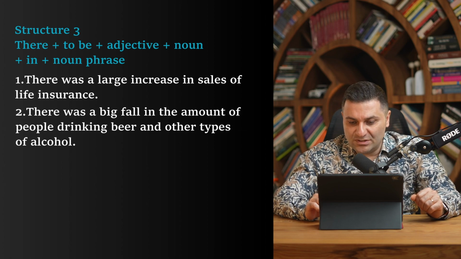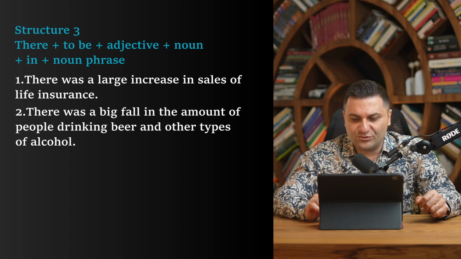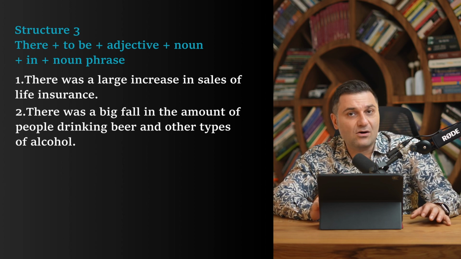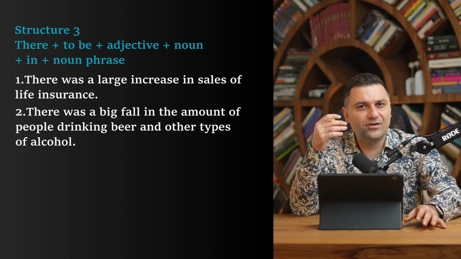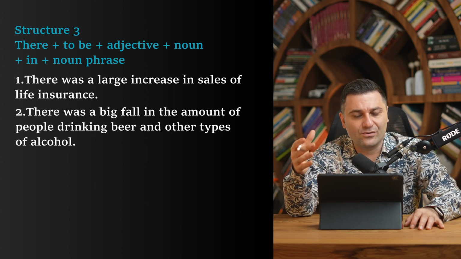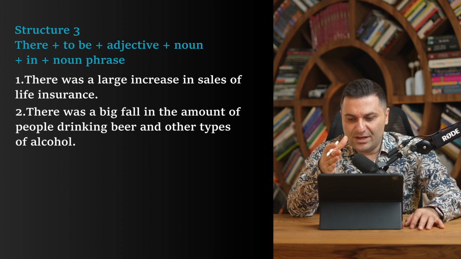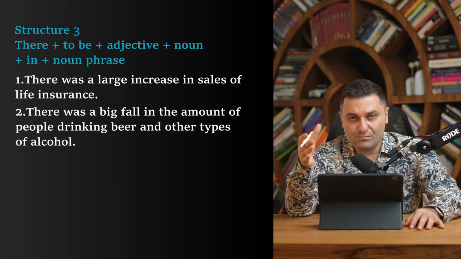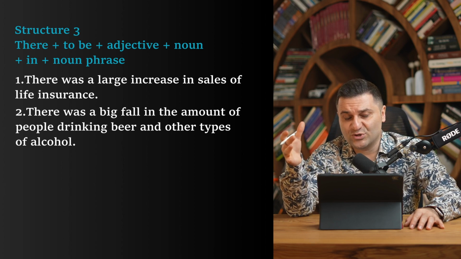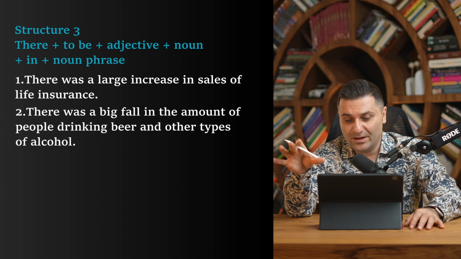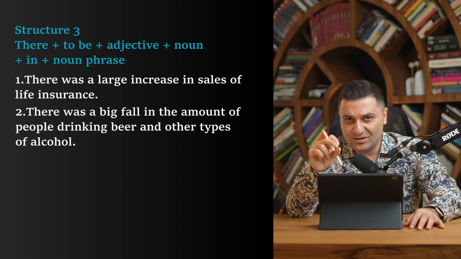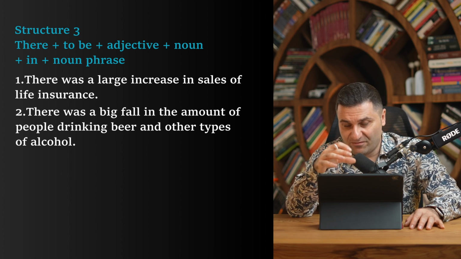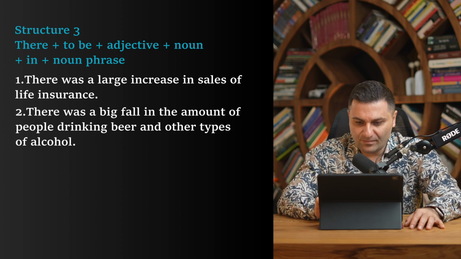Example 2: there was a big fall in the amount of people drinking beer and other types of alcohol. So you can see how the noun phrase here is longer. The amount of people drinking beer and other types of alcohol, this is our noun phrase. And then we have added an adjective, big, before the noun.